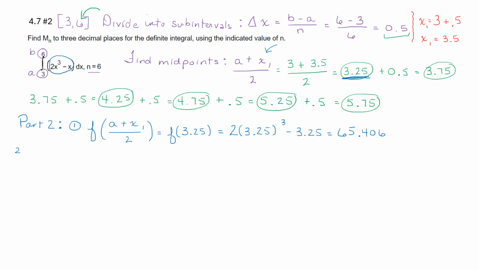The second one, we would use our second given midpoint here. So f of 3.75. And that's going to equal, I'll go ahead and write it, but I'm not going to write it for all of them. So it would be 2 times 3.75 to the third minus 3.75.